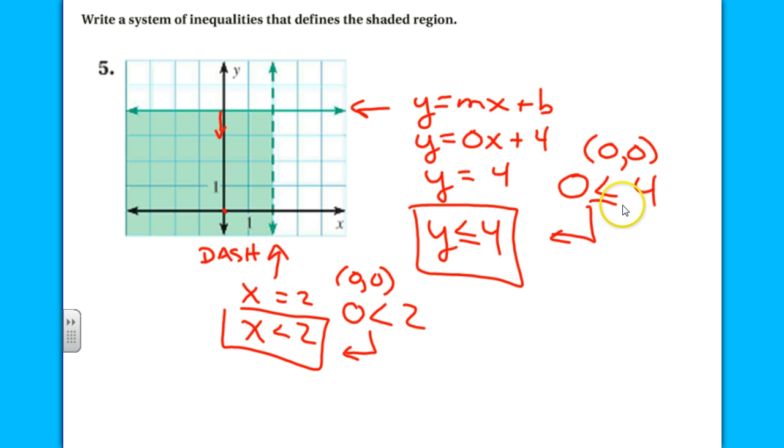You could use it, but it should make the statement false, right? So you would have to make sure that how does 0 compare to 4? 0 is less than 4, so you would have to take the opposite sign. 0 is greater than that, okay? So when you use a test point that is not a solution, it must make your statement false. I don't think most of you will do that, but it's possible to do that, okay?